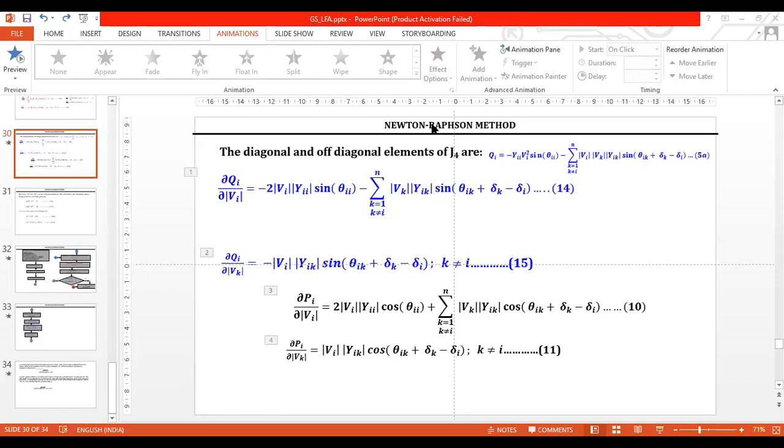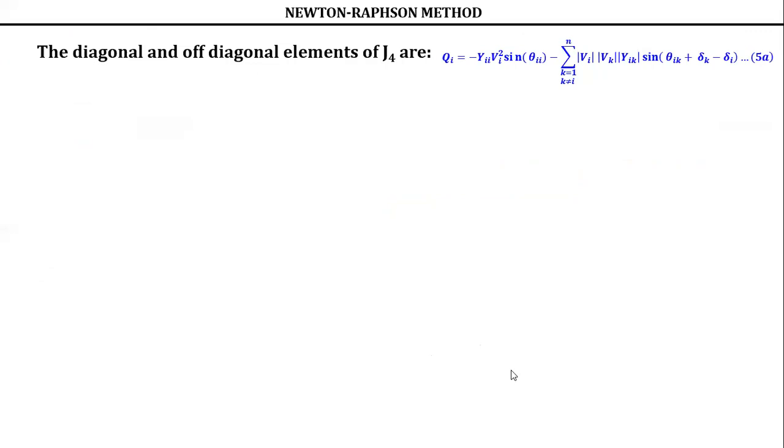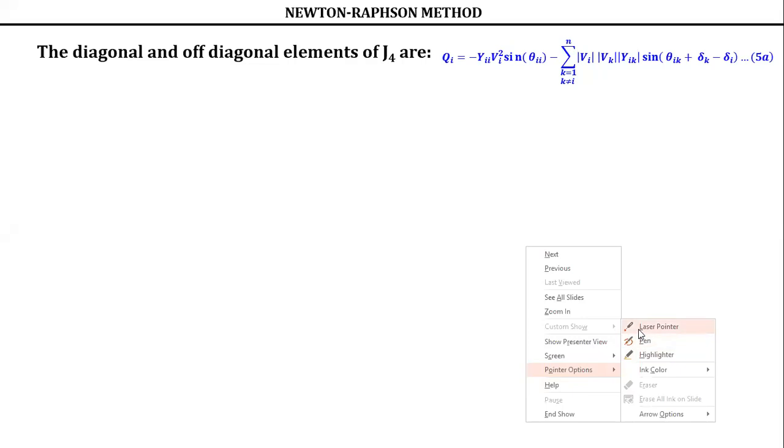So in the morning classes, we were discussing the elements of the Jacobian. J1, J2, J3, J4, we were discussing those things. I told how to get them.